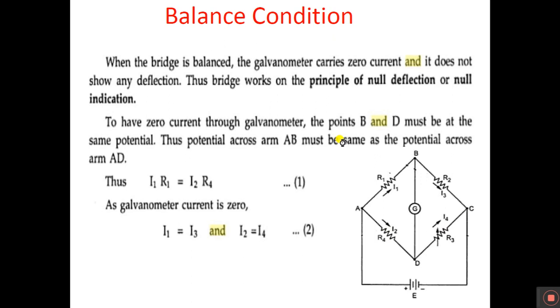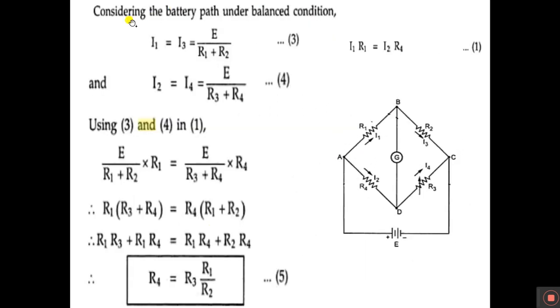Now, considering this battery path, I can write I1 equal to I3 equal to E divided by R1 plus R2, because the same current flows under the bridge balance condition. Similarly, the current flowing through R4 and R3 is the same.